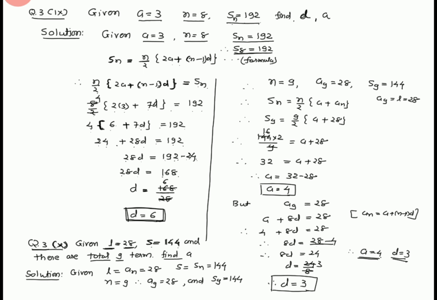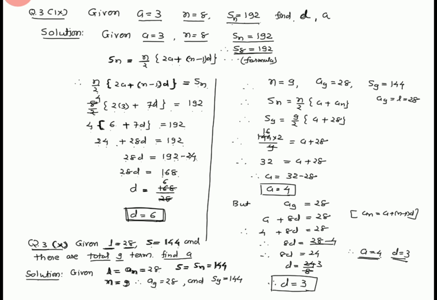We have to find the value of a. We start the solution. Given L equal to last term equal to nth term equal to an equal to 28, S equal to sum of n terms equal to 144, and n equal to 9 because total terms equal to 9.